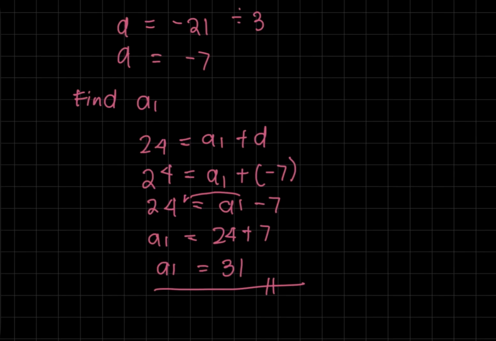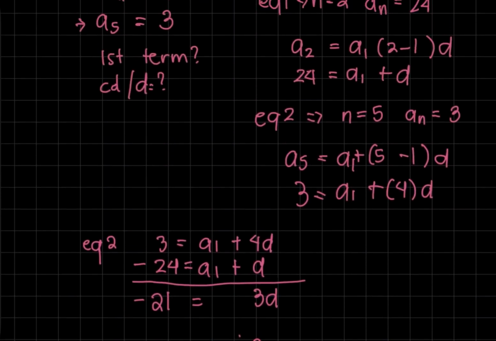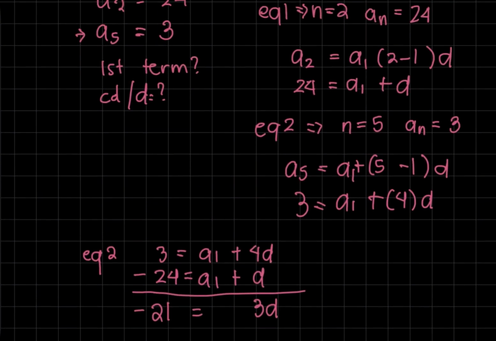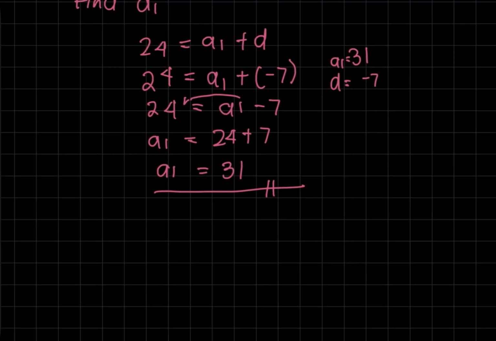And therefore, our answer is that our first term is 31, and our common difference is -7. We can verify our answer by going back to our sequence. Our A2 is 24, right? So we have A1, which is 31. So 31 minus 7 is 24.